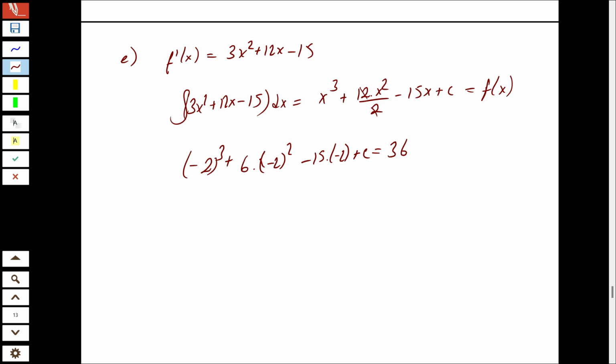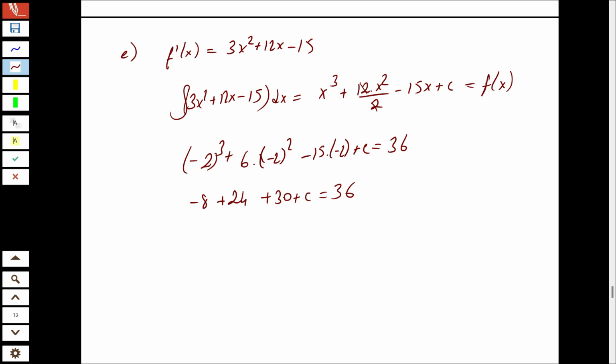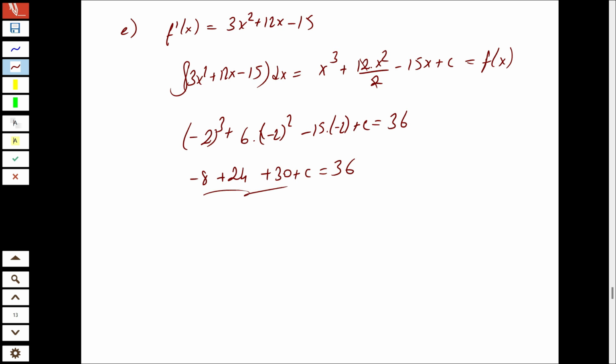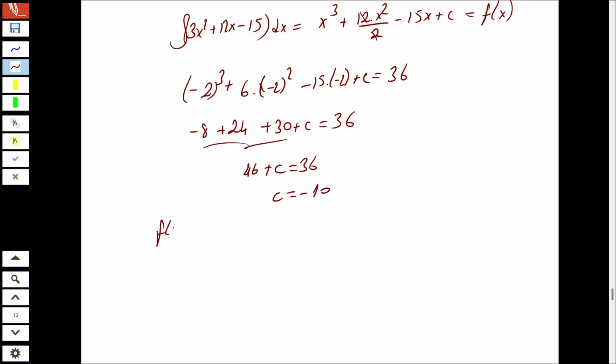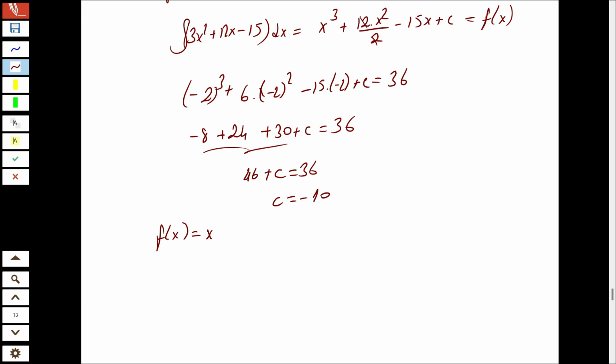Here is minus 8 plus 24 plus 30 plus c equals 36. Let's simplify here, and it will give us 46 plus c equals 36. C equals minus 10. In this case, we found f of x. F of x equals x to the power of 3 plus 6x squared minus 15x minus 10.